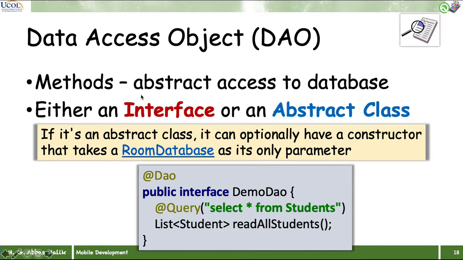The DAO can be either an interface or an abstract class. Normally we have that particular database data access object as an interface. But in some cases we want to define certain specific properties within that DAO, and also implement a few methods inside that DAO object.